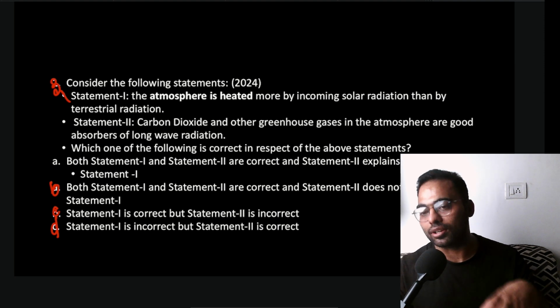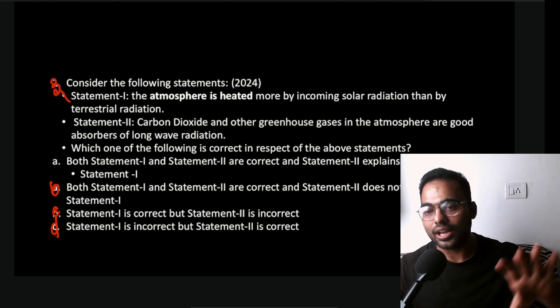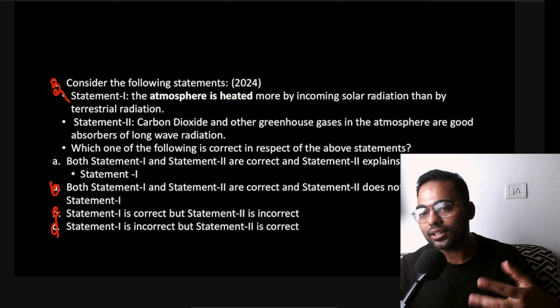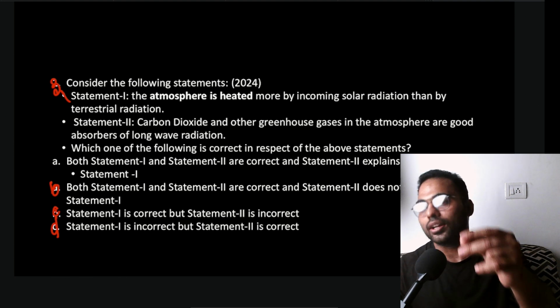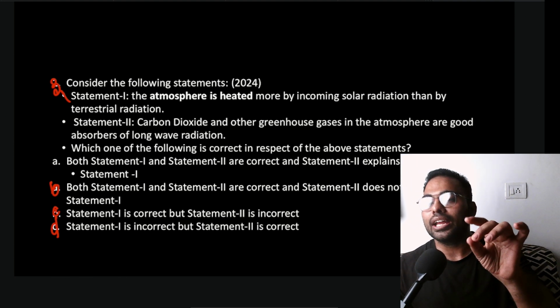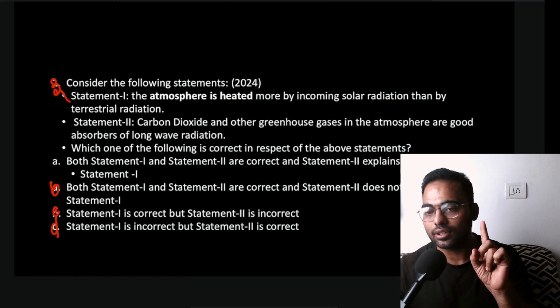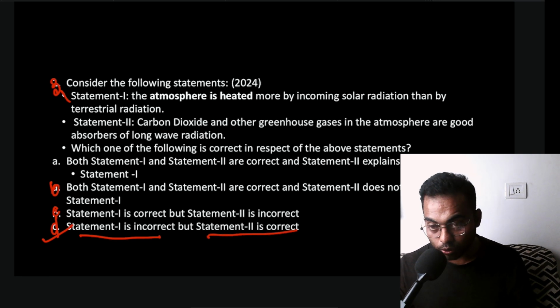As we record this lecture, as per the latest pattern, in questions containing two statements, if the first statement is incorrect, then there is only one option which is correct, and that is option D, which says statement one is incorrect, and then statement two, according to this arrangement, must be correct.